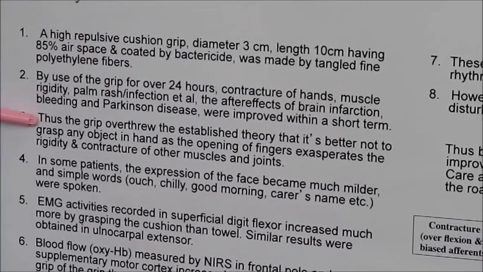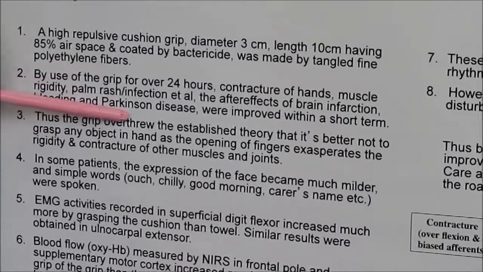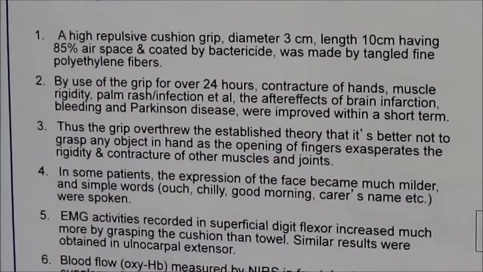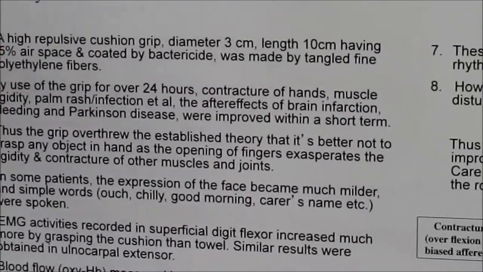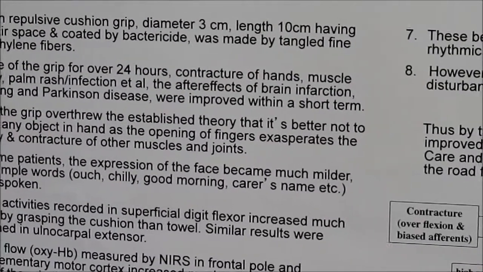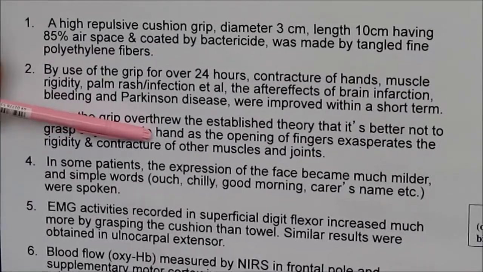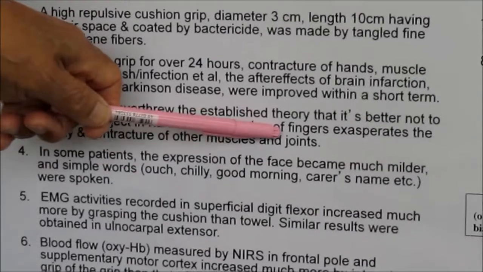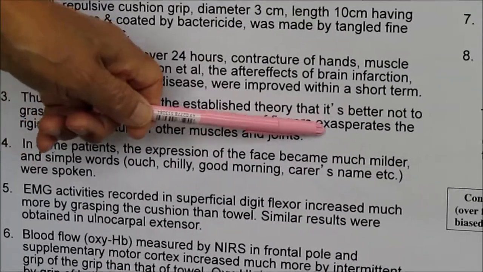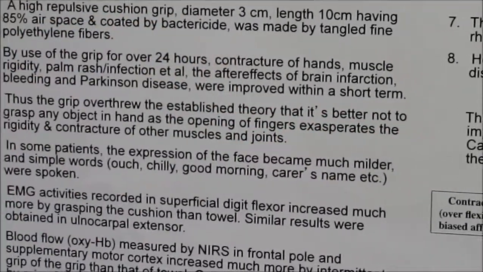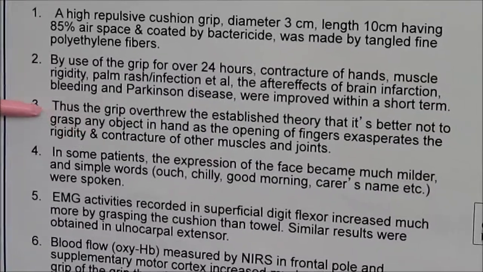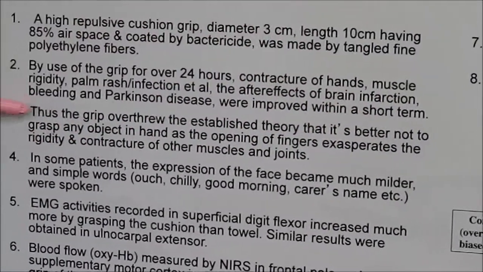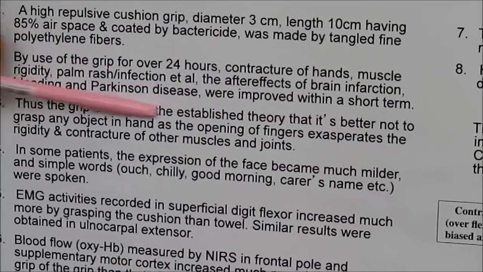Thus, the grip overthrew the established theory. That is, it was thought better not to grasp any object in hand, as opening of the hand fingers exacerbates the rigidity. But this was not correct. We overthrew this concept.